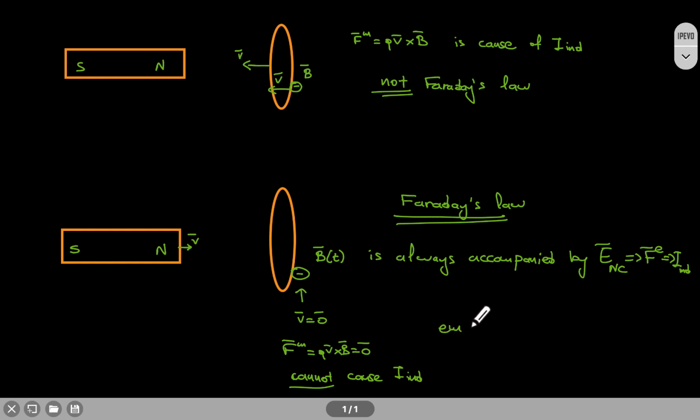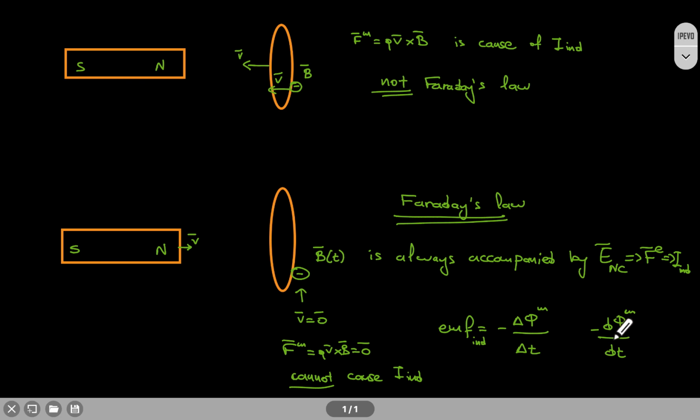To give you a mathematical expression for this, Faraday's law is the induced EMF, let's say EMF induced, is equal to minus the change in the magnetic flux over delta t. Now, of course, if we're dealing with infinitely small time intervals, this becomes a derivative, minus d phi, the magnetic flux, over dt.